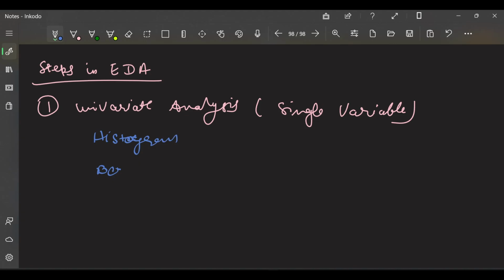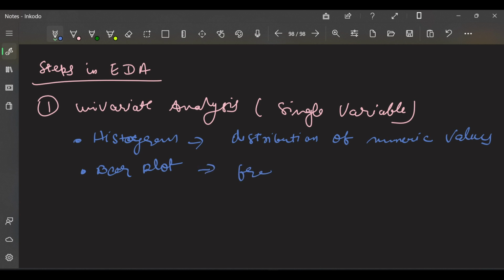A histogram shows the distribution of numeric values, and a bar plot shows the frequency of categorical values.